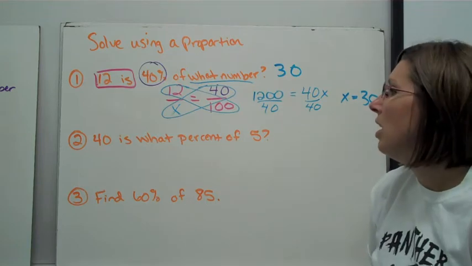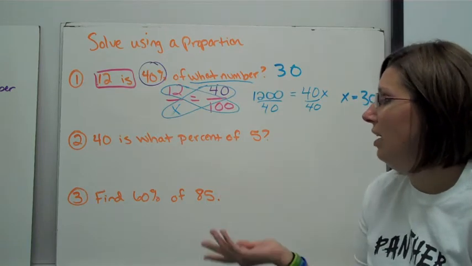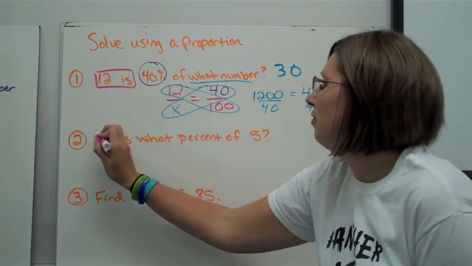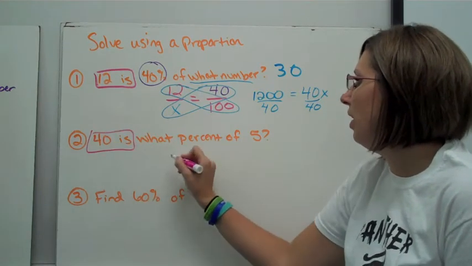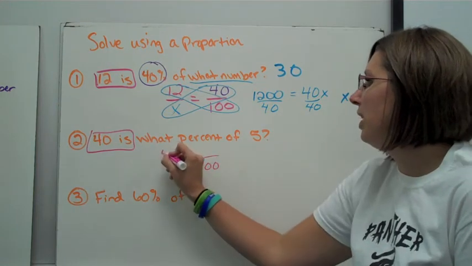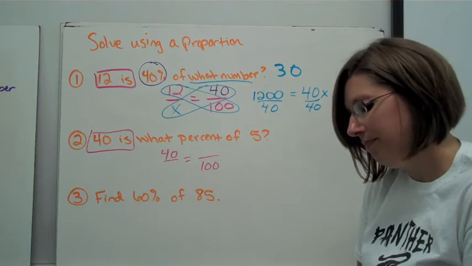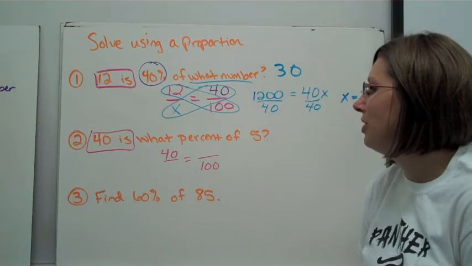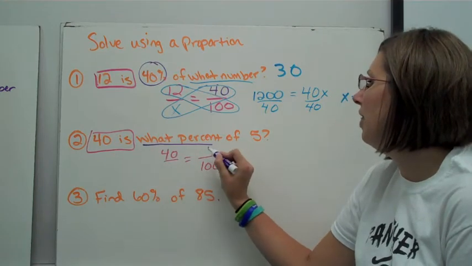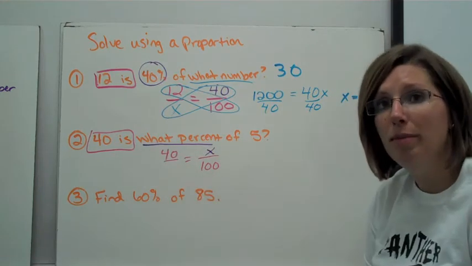Okay, next question. 40 is what percent of 5? So 40 is, that's a key word. I'm going to set up my proportion with 40 in the is location. What percent? So I'm looking for my percentage. That percent is always above 100.